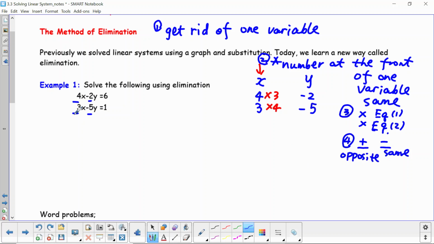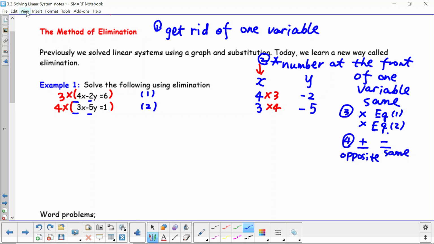So this is what we are going to do for elimination. Now we know that we want to eliminate x, so we need to change the 4 and 3 to be the same by multiplying each term in the first equation by 3 and each term in the second equation by 4. Okay, so we label it. This is equation 1, this is equation 2.